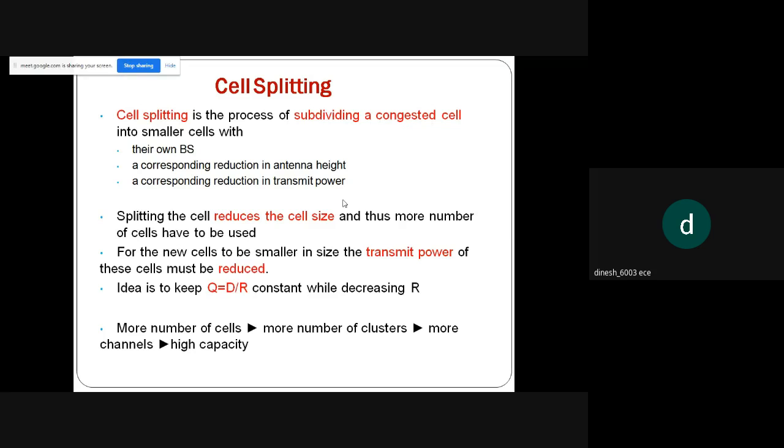So cell splitting reduces cell size, and as a result more cells have to be used. That depends upon the factor Q equal to D by R, which we had seen.